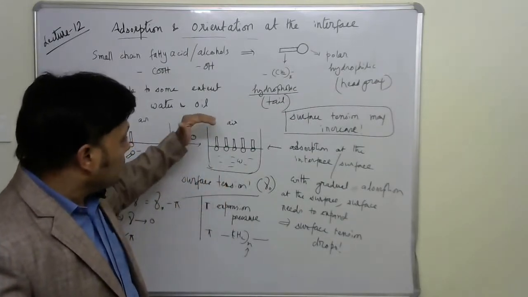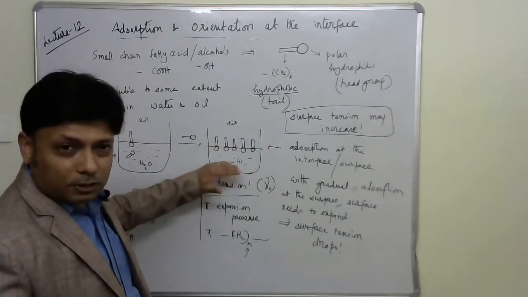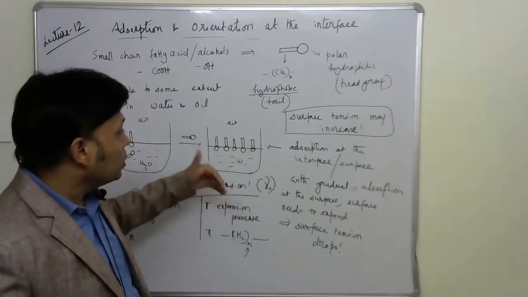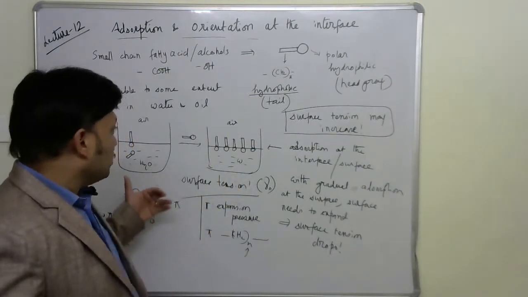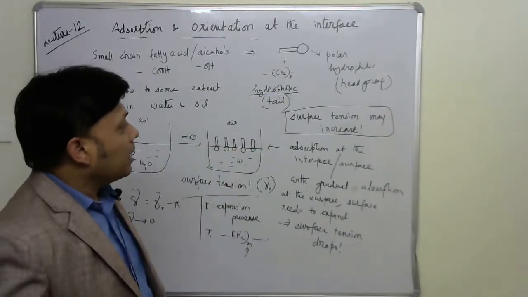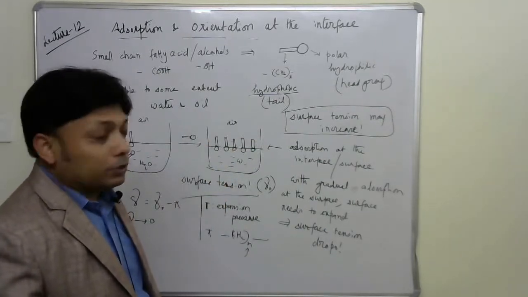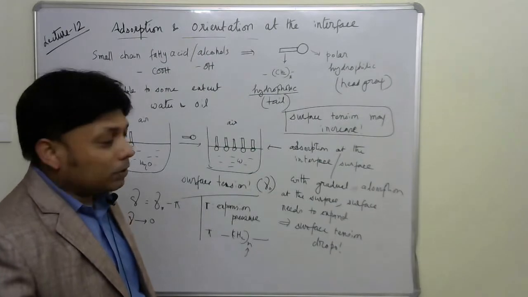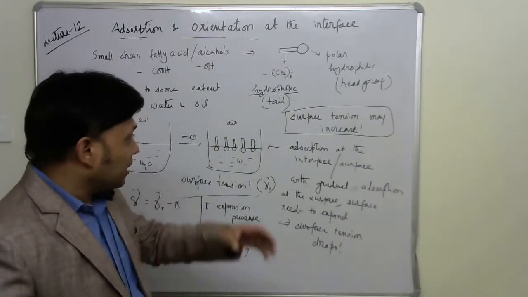So they always prefer to stay deeper in the bulk rather than at the surface. In those cases, it has been seen that when we add the molecules, surface tension is observed to increase.